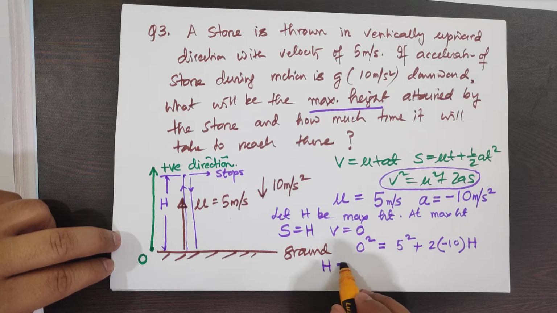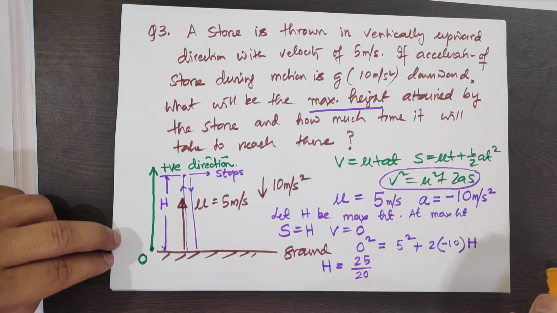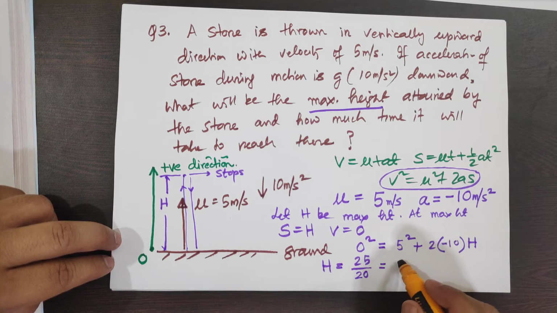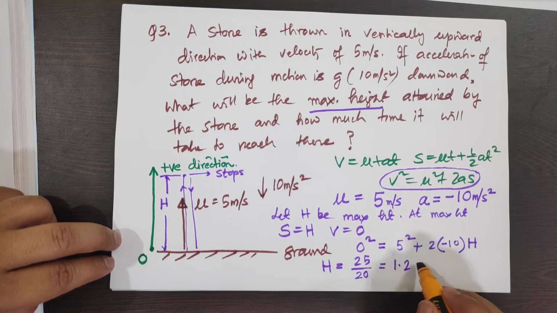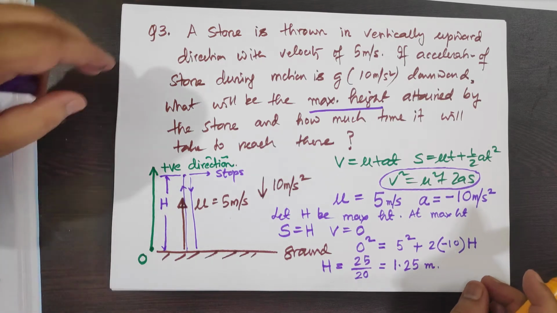So h is equal to 25 by 20. 25 by 20 means how much? It is 1.25, right? 2.5 by 2, so 1.25 meter. So the maximum height is 1.25 meter.